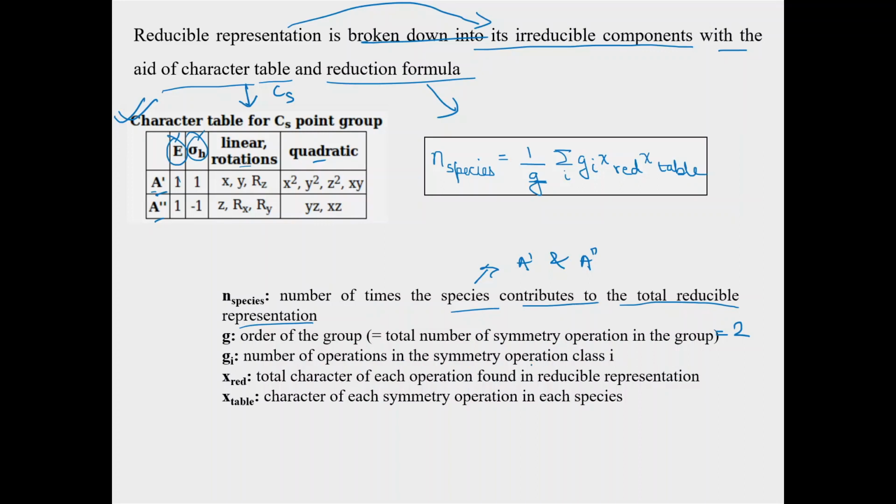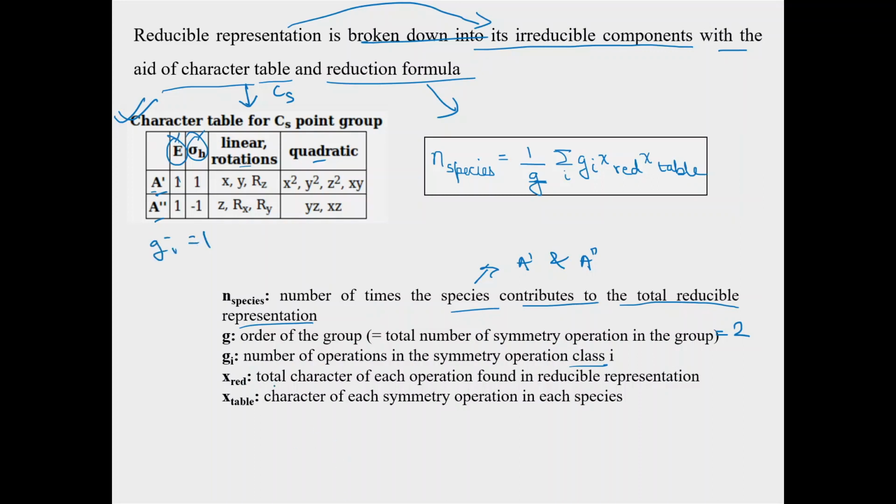The number of operations in the symmetry operation class i. So this is one class and this is another class. For some point groups like D4h, there might be a prefix in front of these operations as well. So gi denotes that, but in this case, for both classes, gi is 1 only.